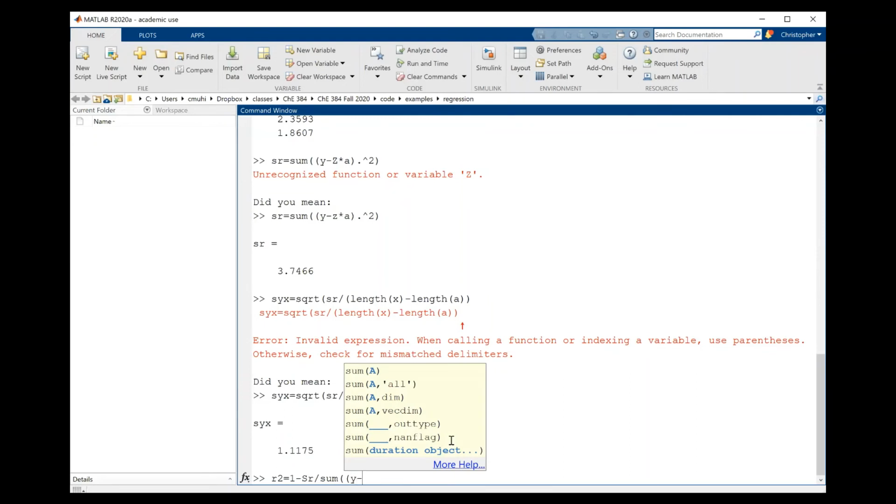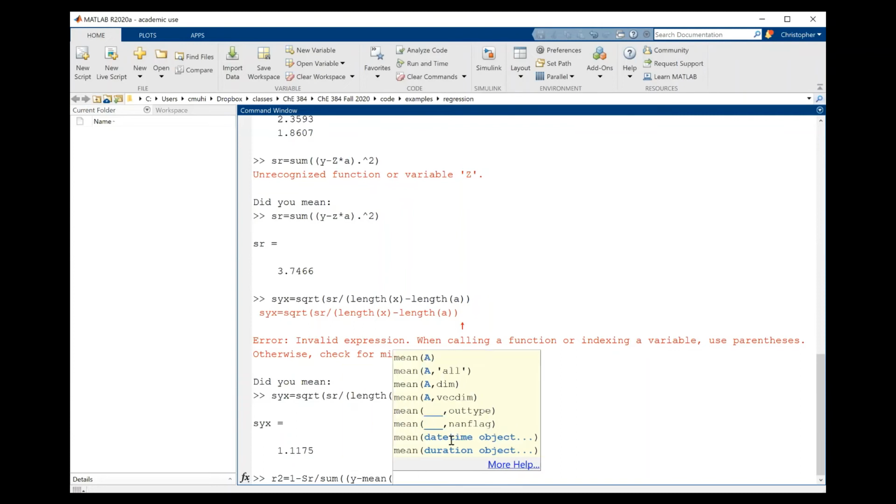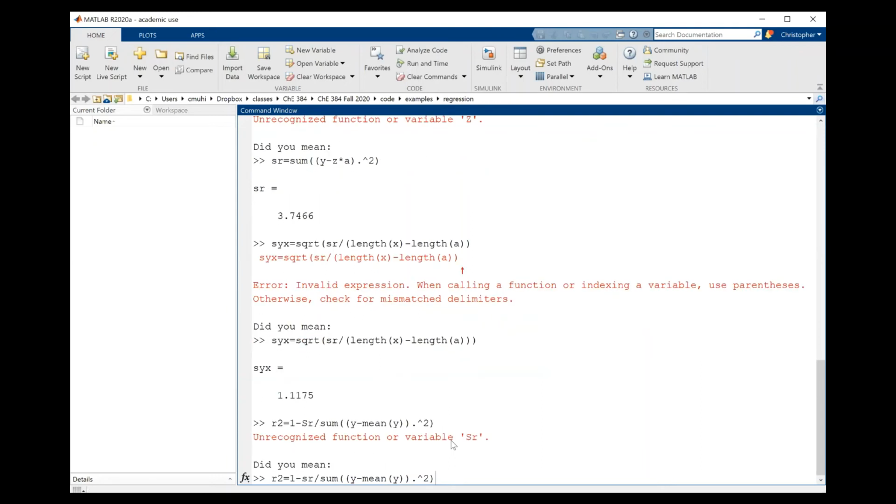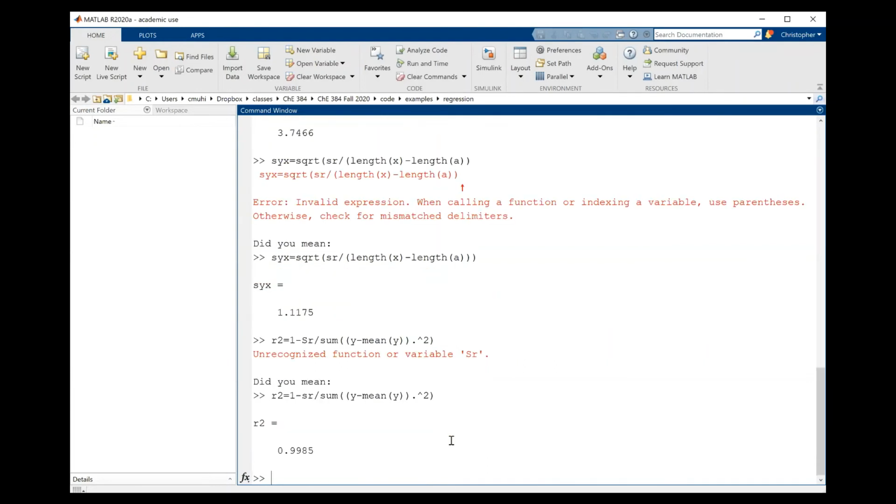So that's each value in y minus the average, or the mean, of those y's squared. And once again, I think I have the right number of parentheses. Yes, I had the right number of parentheses, but I need to just, there we go. Okay, so this is telling us that our fit has this unaccounted for variance, which is very low. So r squared is 0.9985. We have a very good fit in our system.